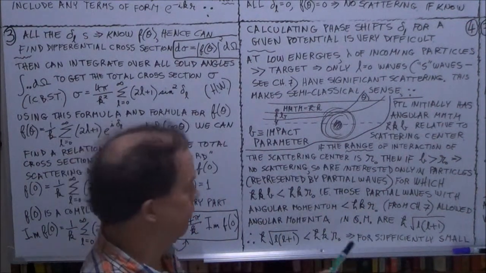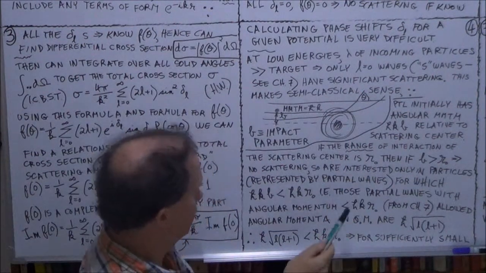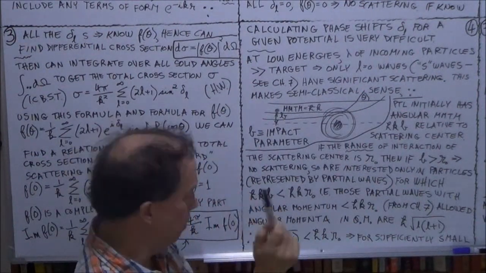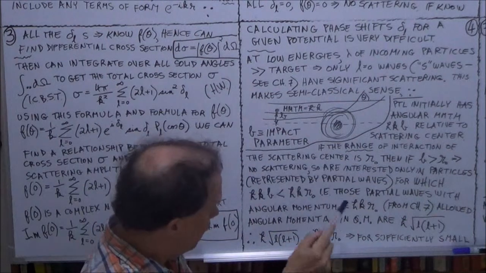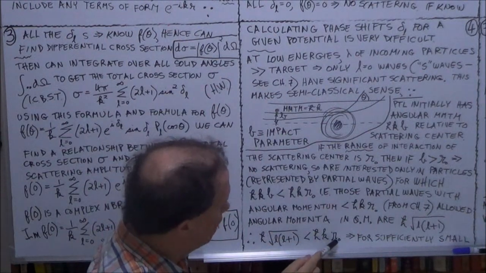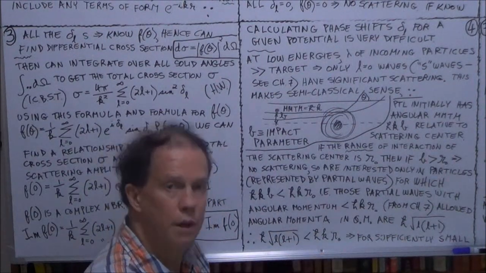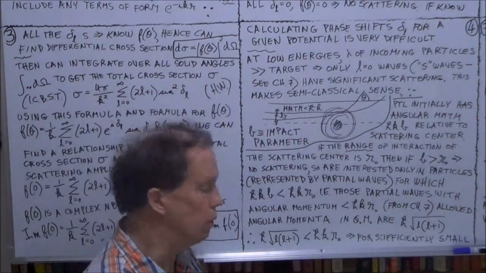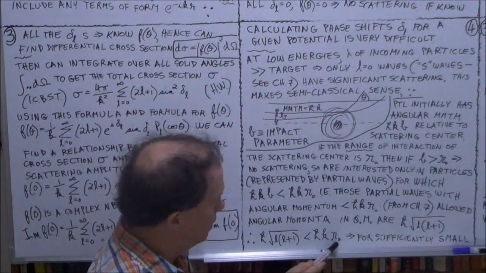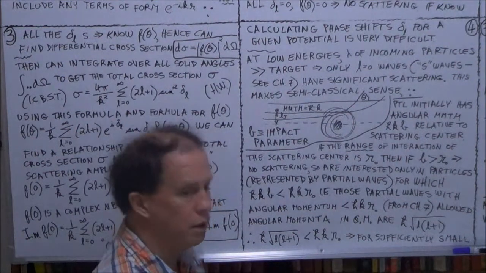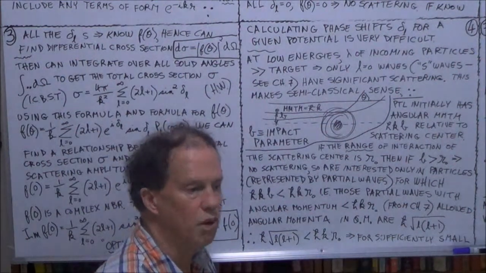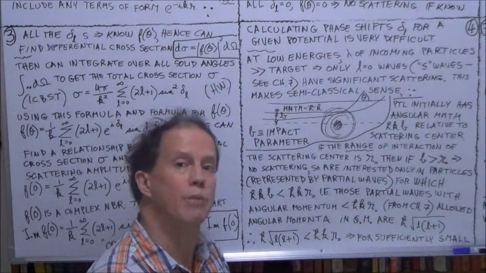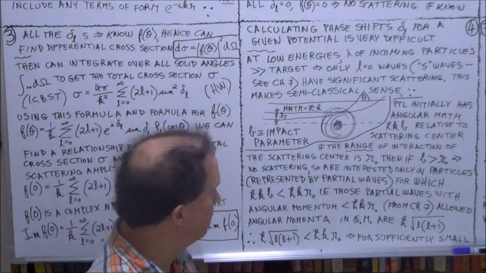I've run out of board for this session, but I can give you the qualitative conclusion. If you plug in values here that are realistic, for the real world, like this R0 tends to be a few femtometers, 10 to the minus 15 meters.